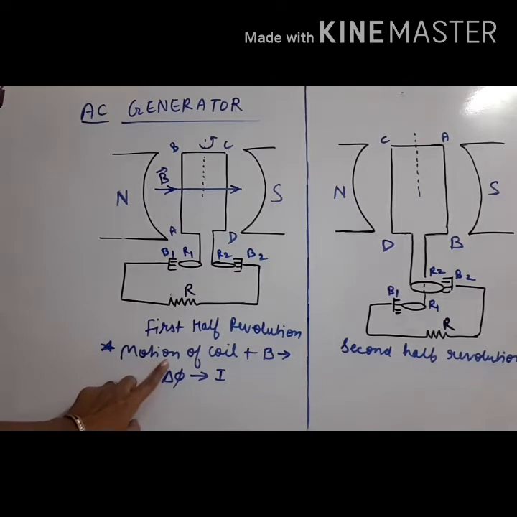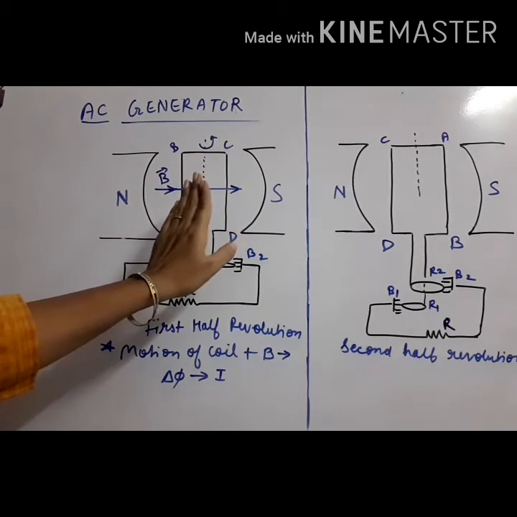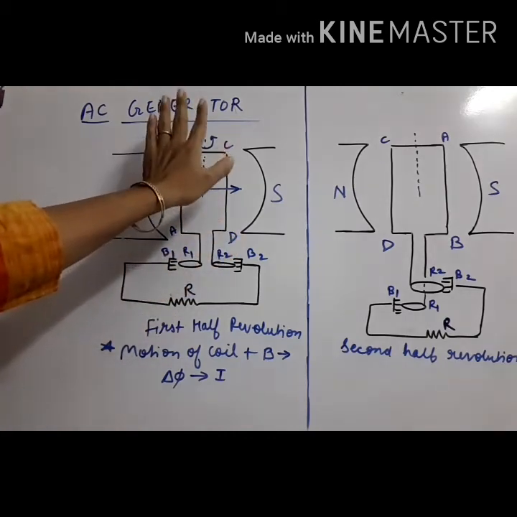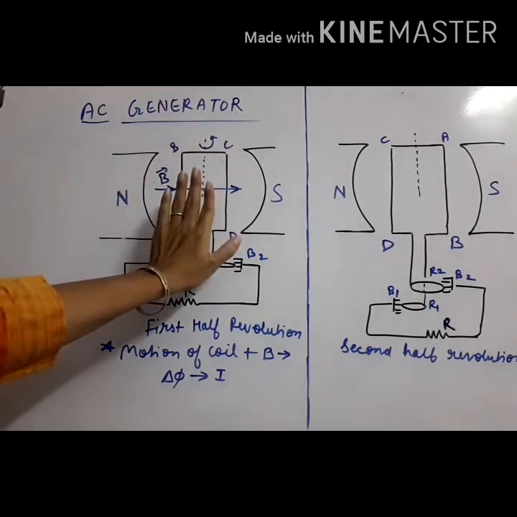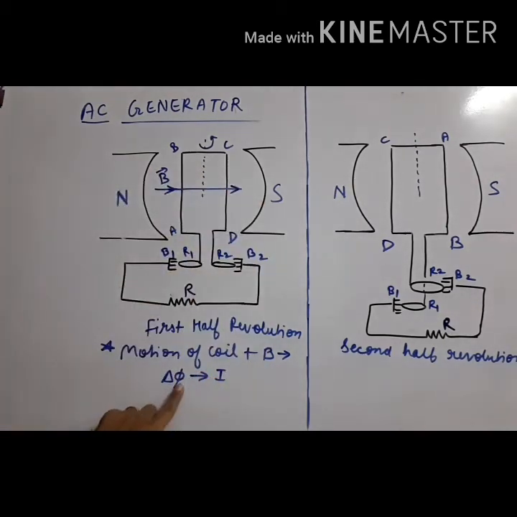So we have seen, if we rotate a coil in the presence of B by any mechanical energy, then change of flux takes place through the coil, and that's why induced current is produced.